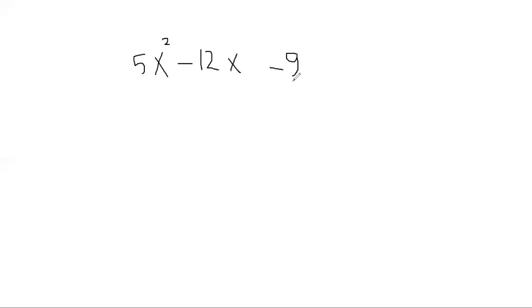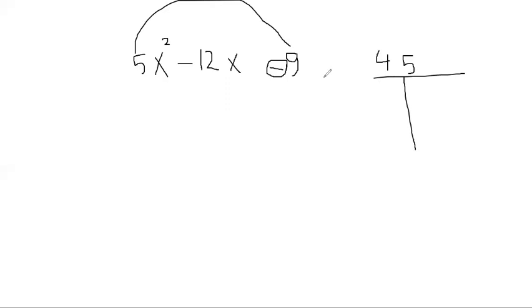Okay, so step number 1, multiply the first by the third and write it here. 5 by 9 equals 45. Okay, and this is negative, so we search for the two factors of 45 whose difference is 12. So 45 is 1 by 45.